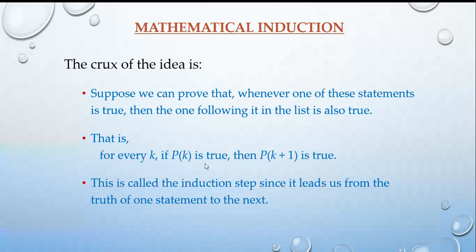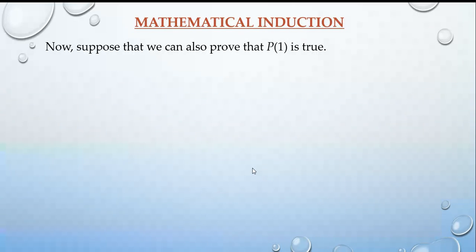This step is called the induction step, since it leads us from the truth of one statement to the next. Means if this is true and we show that it is also true for Pk plus 1, then our method is completed, right? Now, for this, suppose that we can prove that P1 is true.